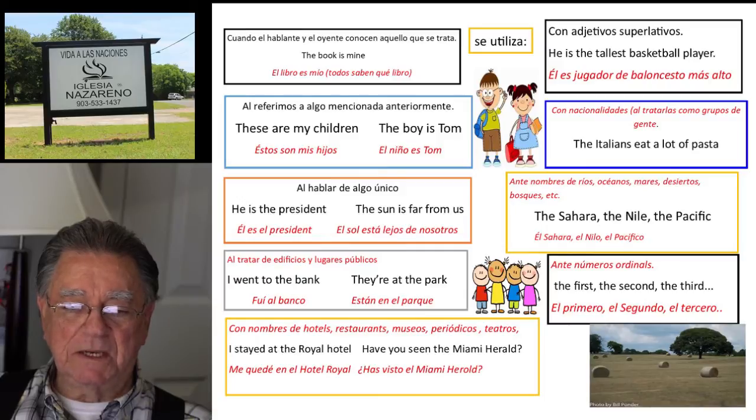Okay, go to the next box. Al hablar de algo único. Okay, there's just one person speaking about somebody. Okay, and let us talk about, he is the president. He is the president.